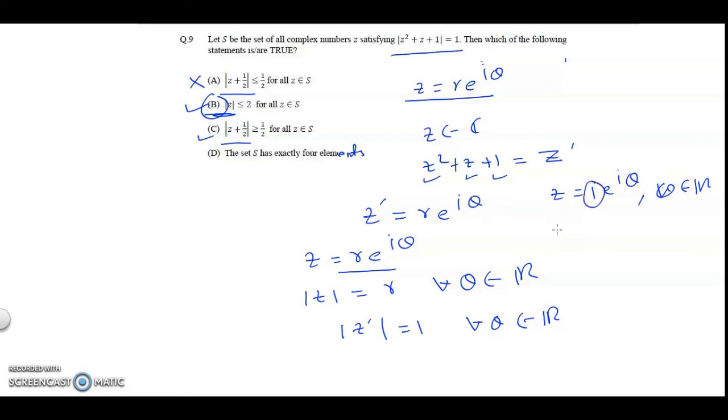Hence the cardinality of S is actually infinite. How? Because for any theta belonging to R, this equation will be satisfied with modulus 1. Hence the set has exactly an infinite number of elements. So option D is false.